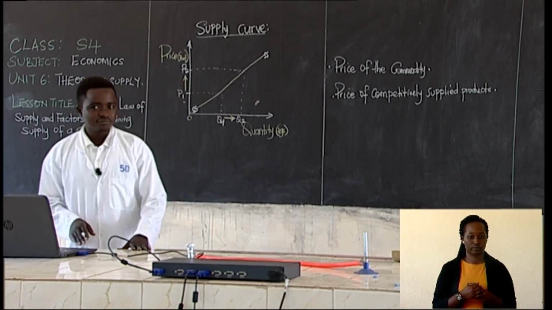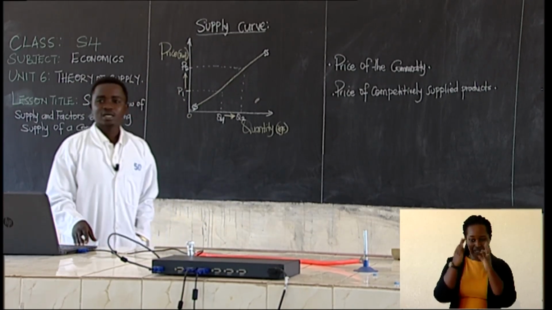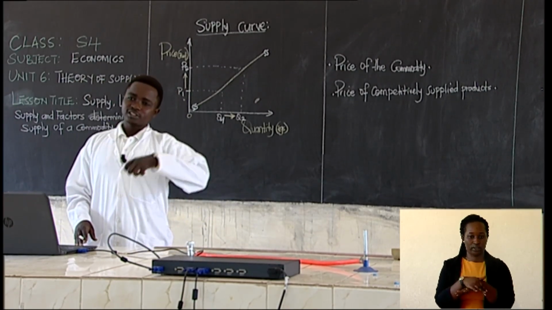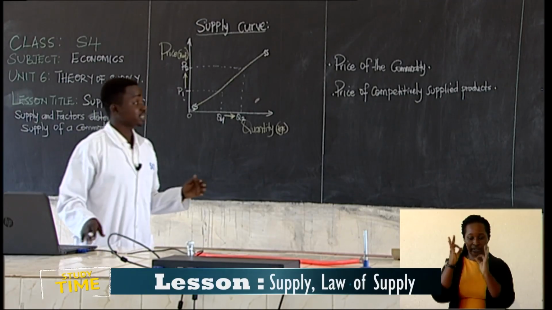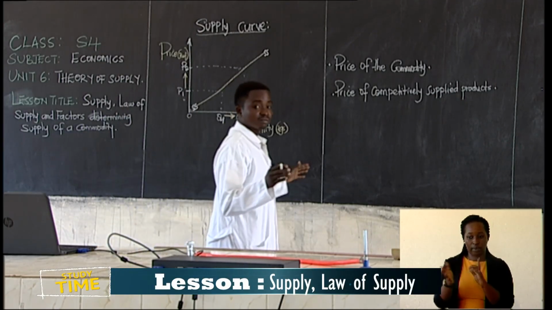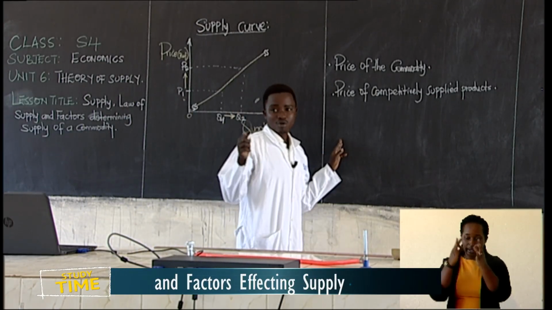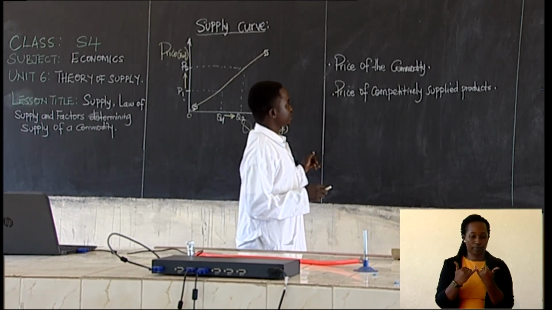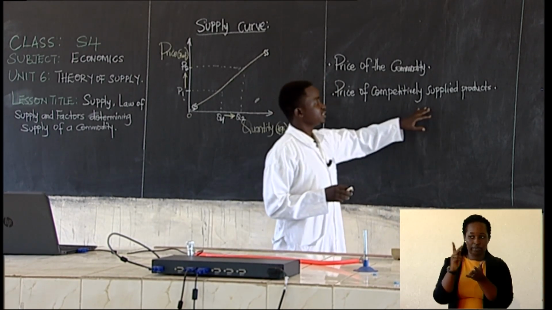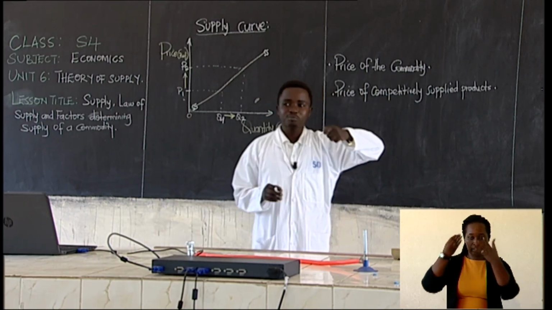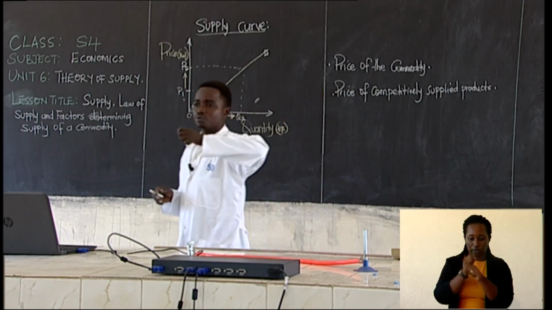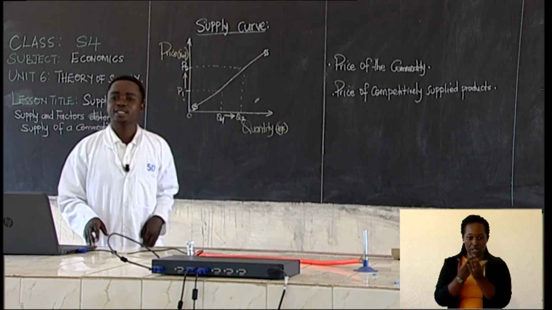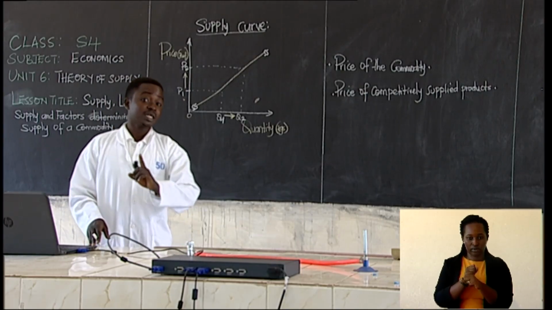Prices of related commodities affect the quantity supplied of a commodity, because producers tend to divert resources to commodities which become more attractive to produce. Let's give an example. Price of competitively supplied products: products which may be produced using the same resources, or which require the same factors of production.